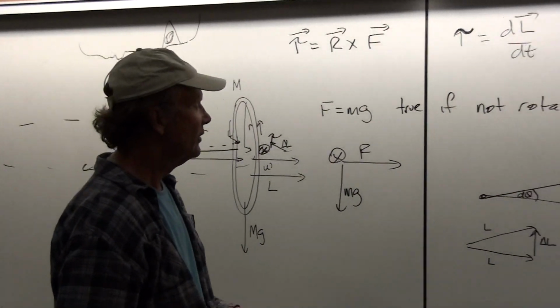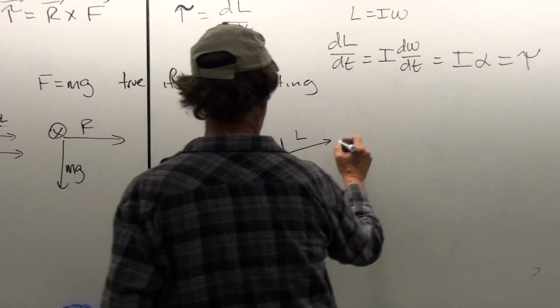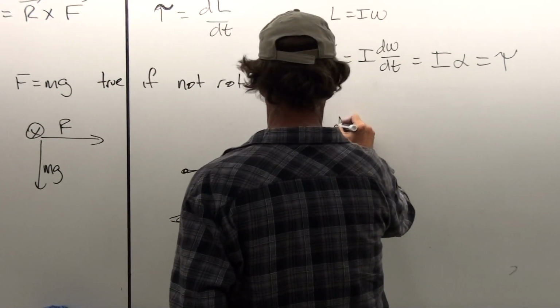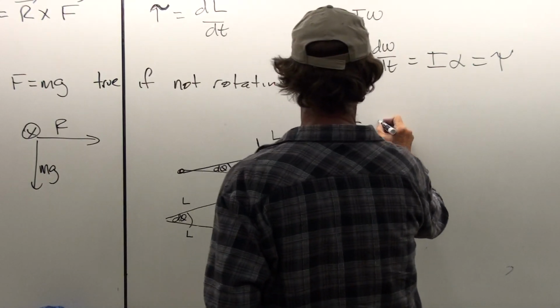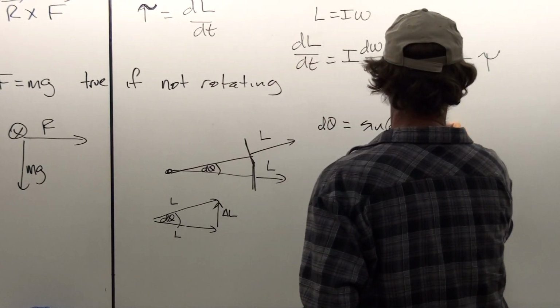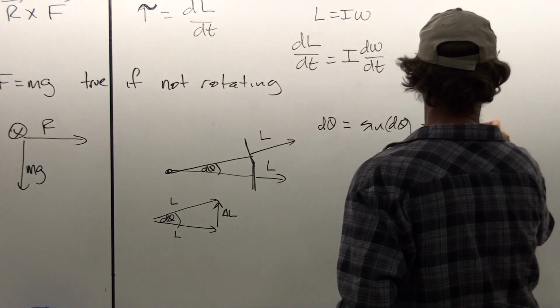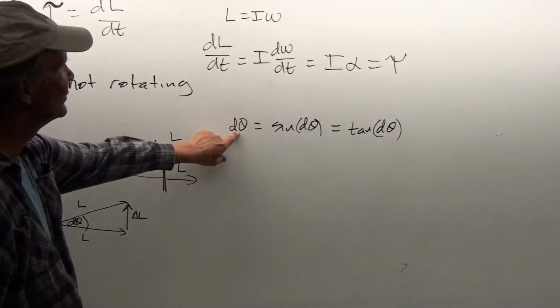Okay. And so we can say then, if this is d theta, that d theta is equal to the sine of d theta. And it's also equal to the tangent of d theta, the small angle approximation. This is a small theta.